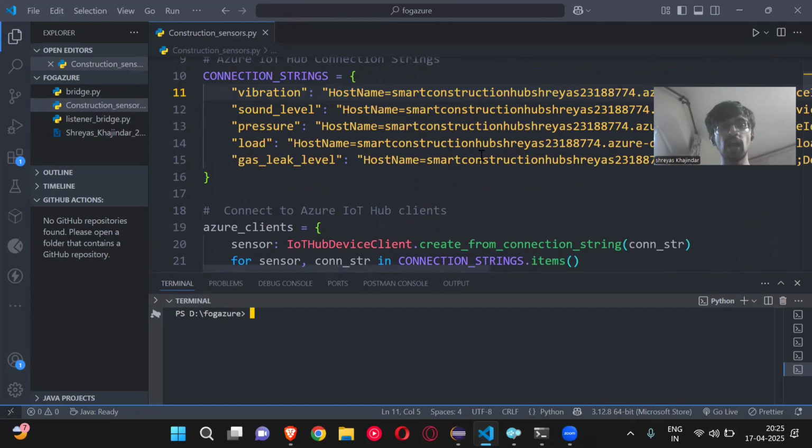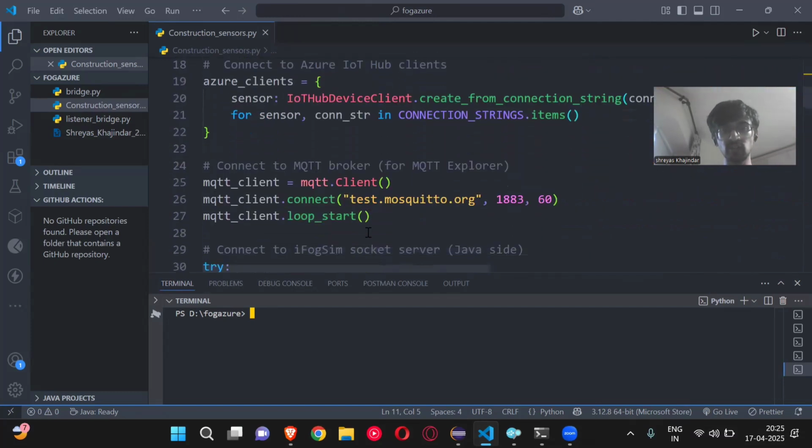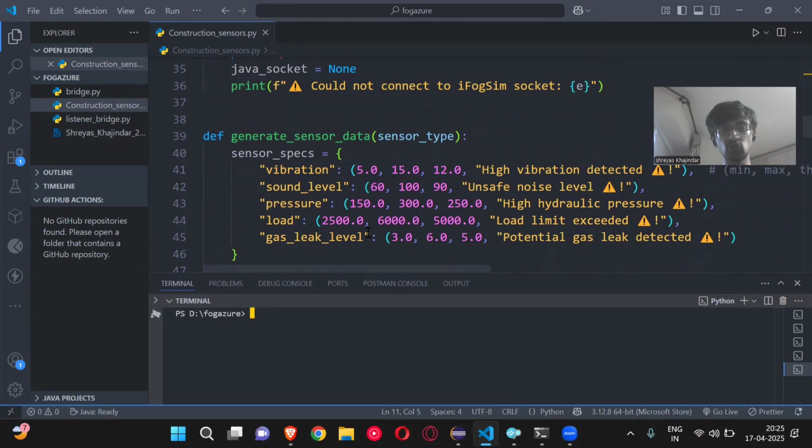In this code, I have mentioned the five sensors with their corresponding connection strings, and also included the threshold value for each sensor. So let's run this code.